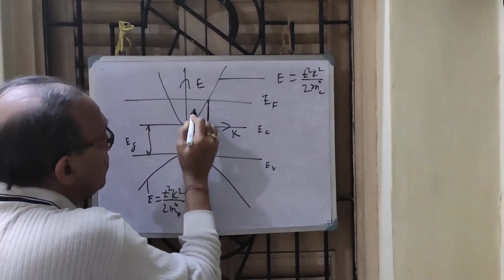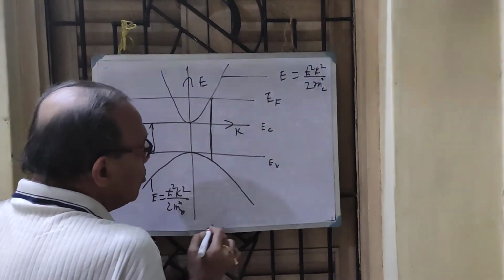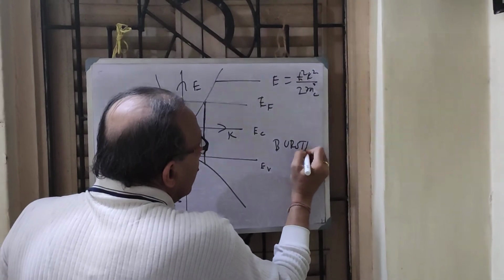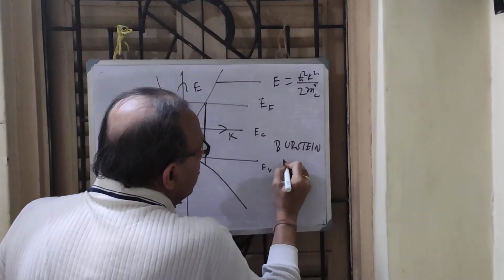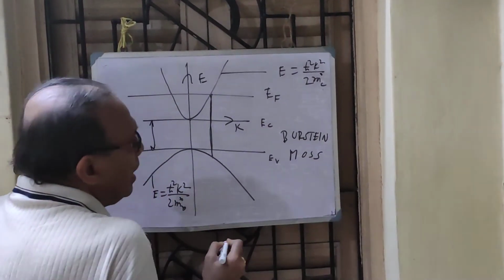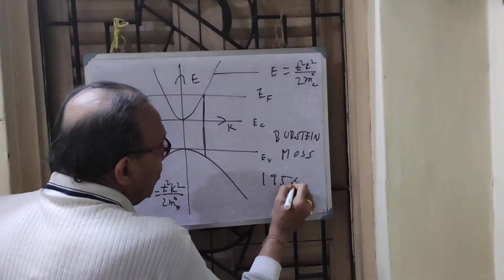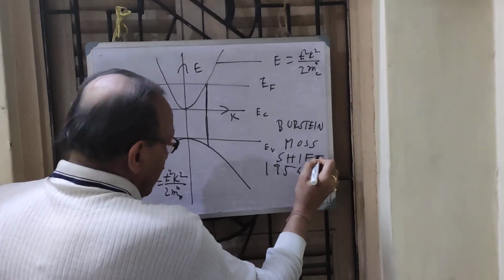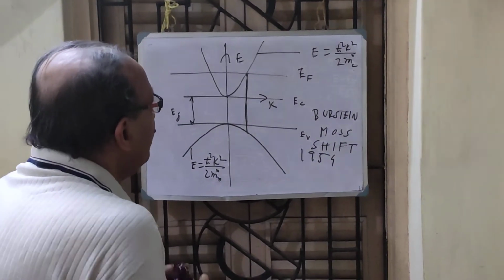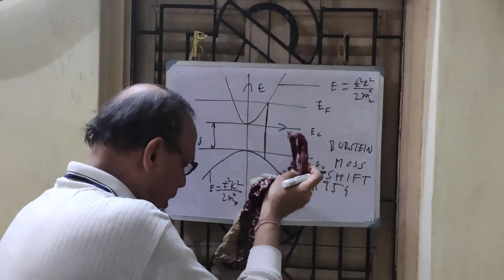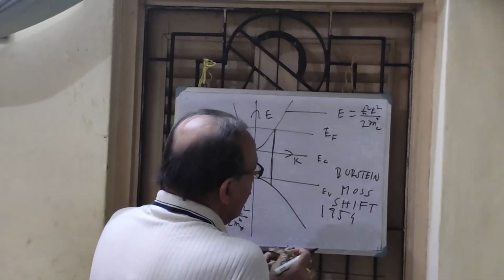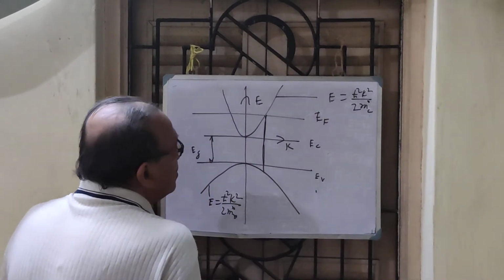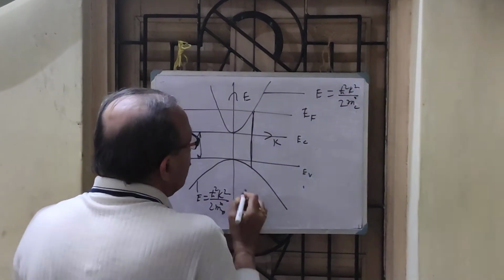Now you see, this was first defined by Moss and Burstein, and it is the famous Burstein-Moss shift. Both of them derived it in 1954. This is the last part. We can easily calculate this distance.